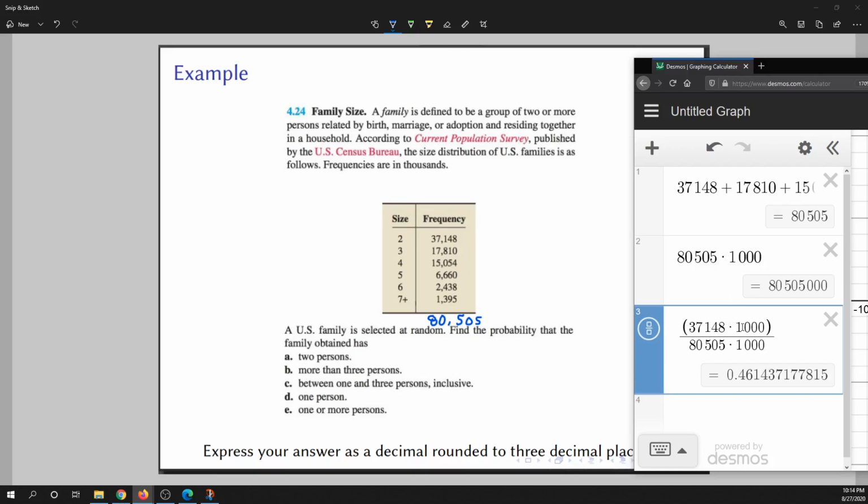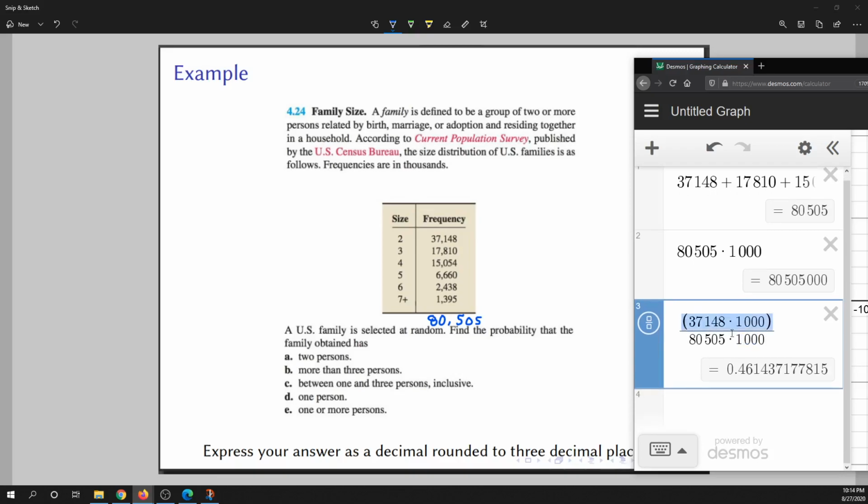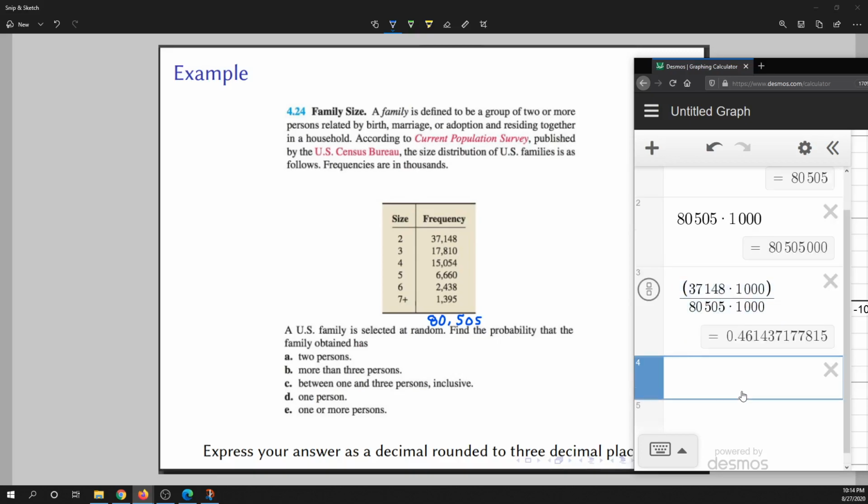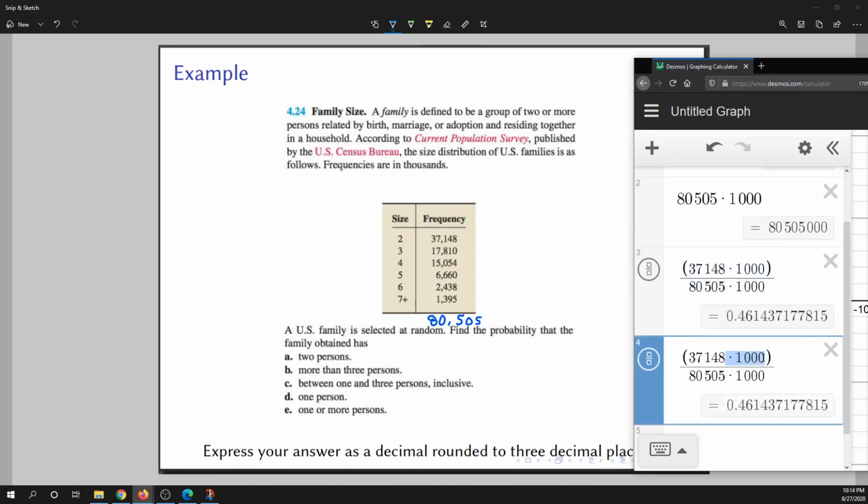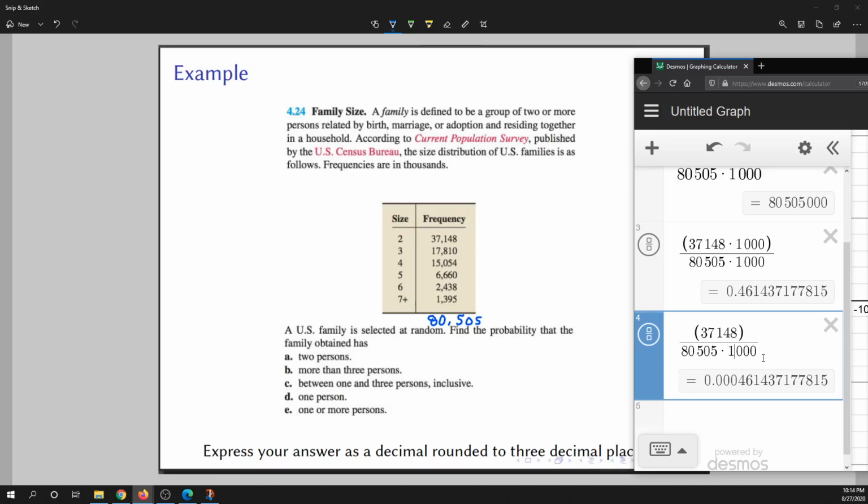You can multiply the thousands in there if you like, and you'll get two really big numbers and then divide them. But if you look, these numbers here are both times 1,000. 1,000 is a common factor between the top and the bottom, so when we're calculating these probabilities, we can just cancel those thousands out, and you can see we get exactly the same number here. So as long as everything's reported in the thousands, we don't have to really worry about that too much.